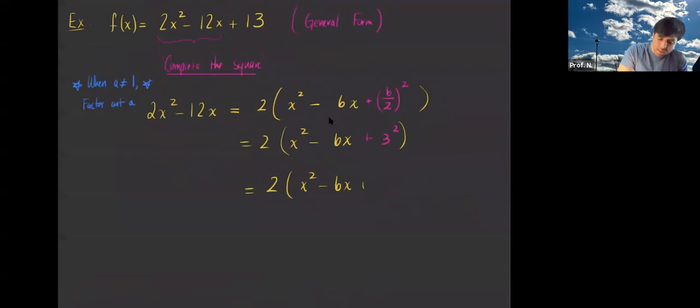So this is plus 9, right? And then this becomes a perfect square trinomial. And then how do we factor x squared minus 6x plus 9? What does that factor into?